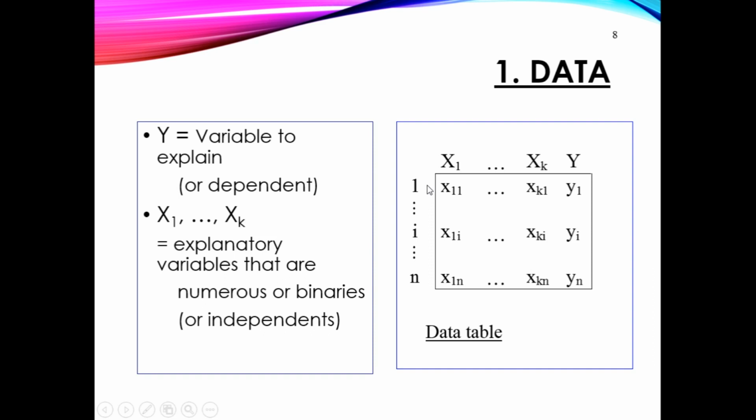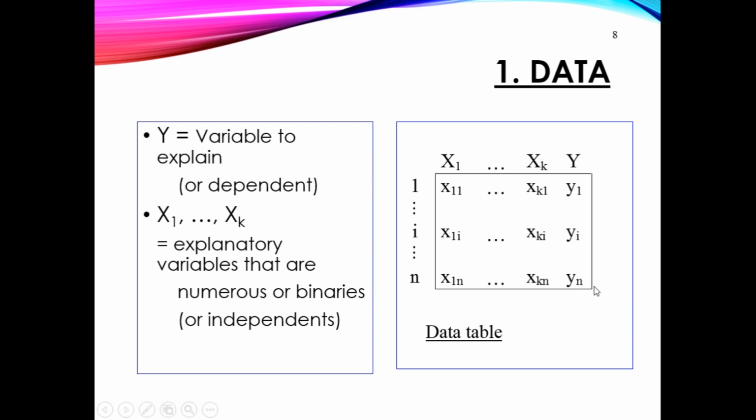At period 1, we have the realization of any variable. At period 2, we have the realization of every variable, and so on to period n, where we have the realization of all our variables.